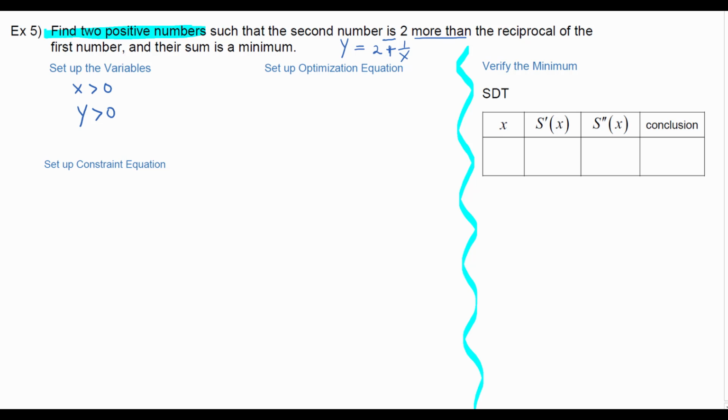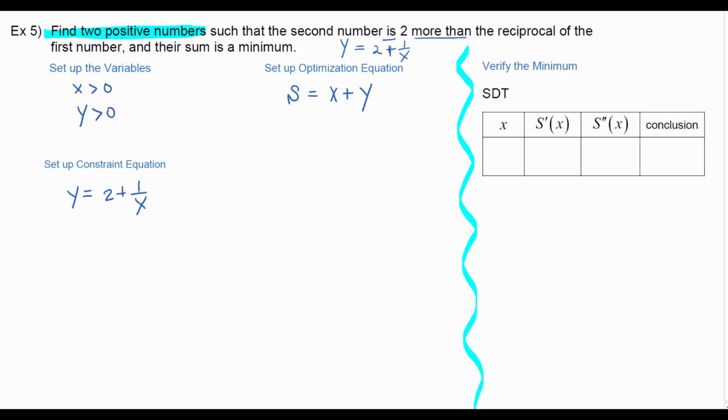And that's not what I am trying to maximize, right? You want the sum to be the minimum. So your sum is the optimization equation, which is the sum of these two numbers, x plus y. But this is the condition, which is your constraint equation. Y has to be equal to 2 plus 1 over x.